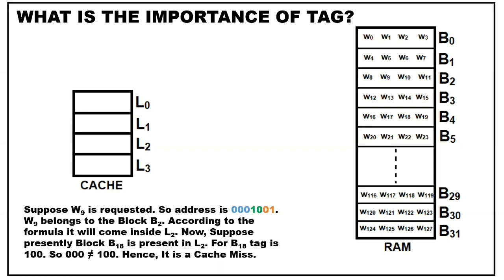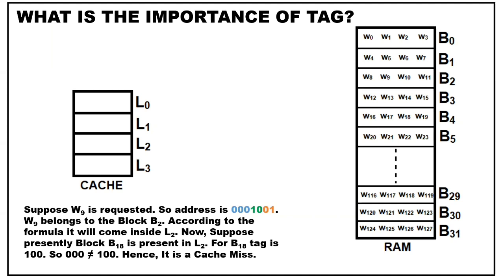For block B18, the tag is 100, so that is the present line tag. The processor generates the address 0001001, where the tag is 000. So it is clear that the address tag is not equal to the line tag, that is, 000 is not equal to 100.